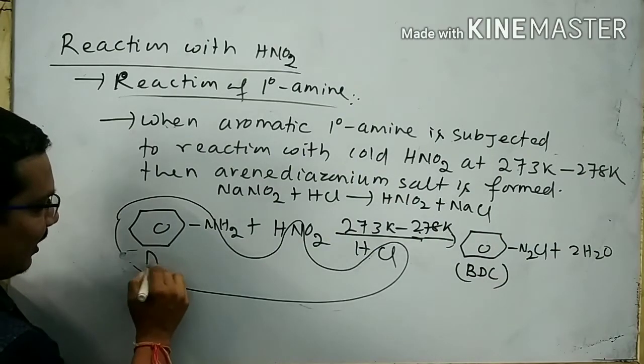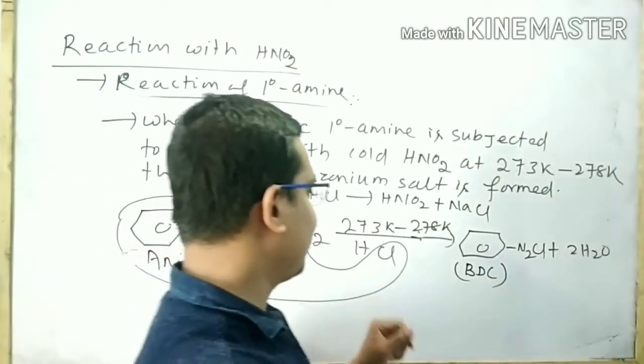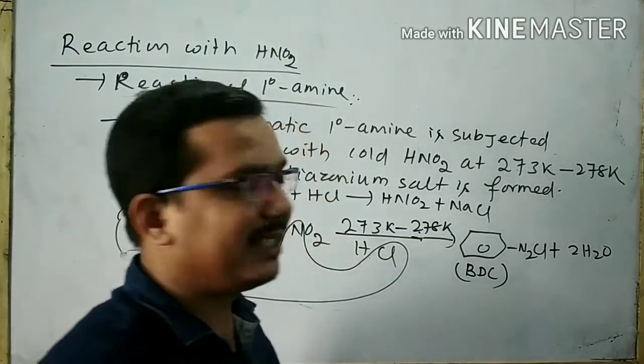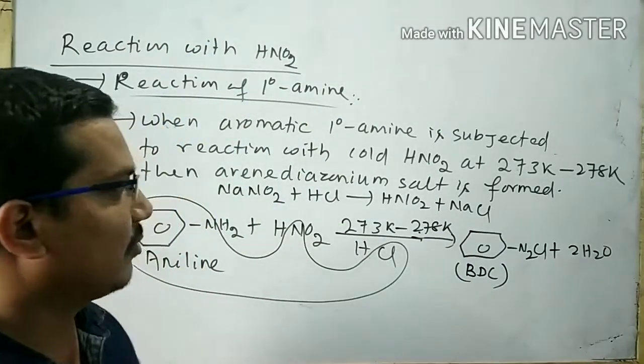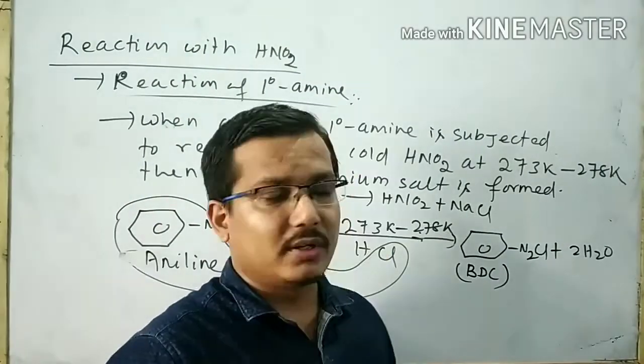When aniline is subjected to reaction with HNO2 in the presence of HCl at 273 Kelvin to 278 Kelvin, then BDC is formed. This is the aryl diazonium salt, and this process is called diazotization.